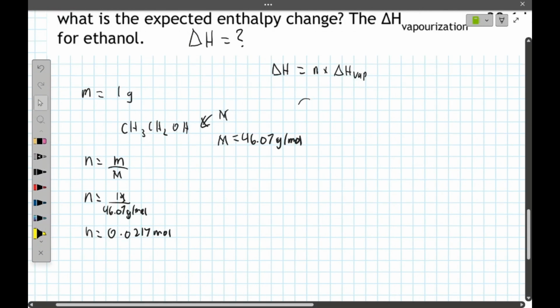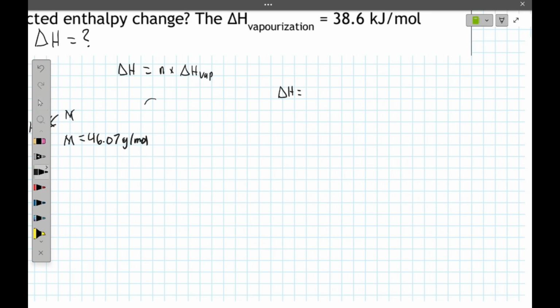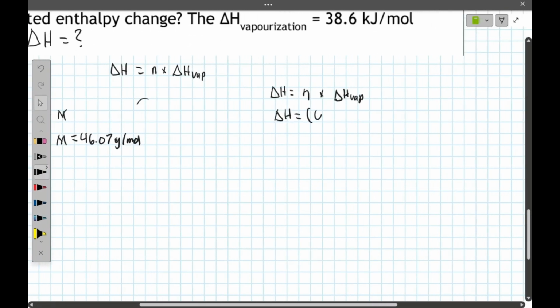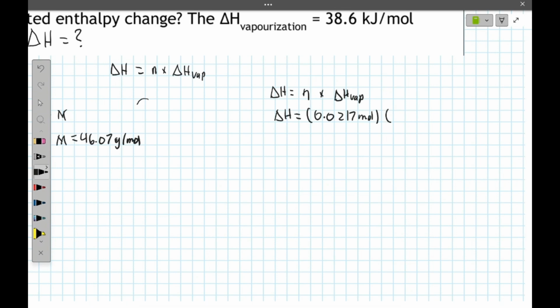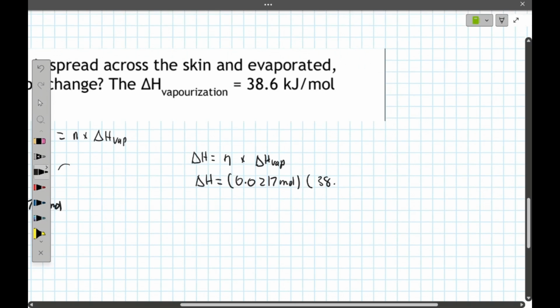Okay, so now that we have all this information, we can now use our formula. Enthalpy change is equal to the number of moles times the molar enthalpy of vaporization. It's already arranged to solve for H, so we just need to plug in our values. n is equal to 0.0217 moles times 38.6 kilojoules per mole.